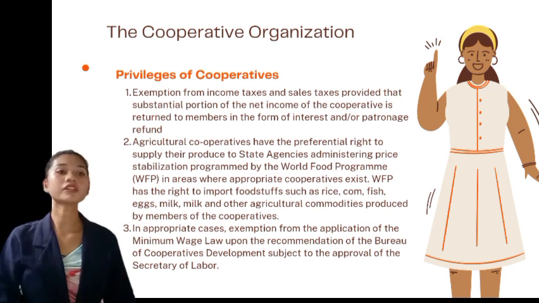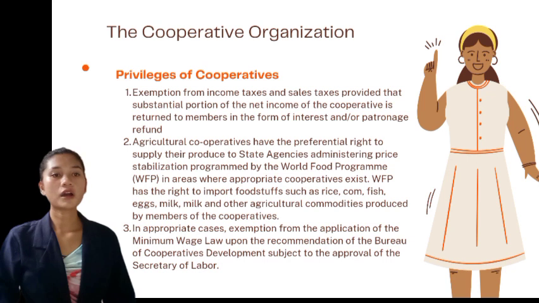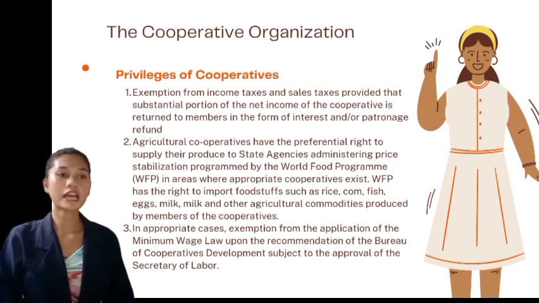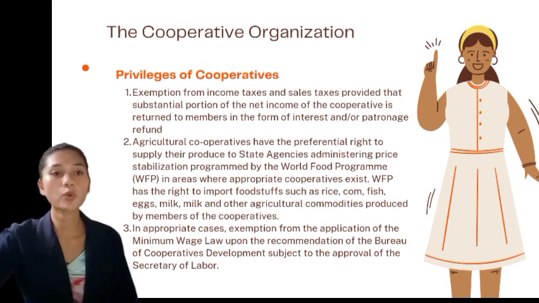The second is agricultural cooperatives have the preferential right to supply their produce to state agencies administering price stabilization programs, such as the World Food Program or WFP, in areas where appropriate cooperatives exist.